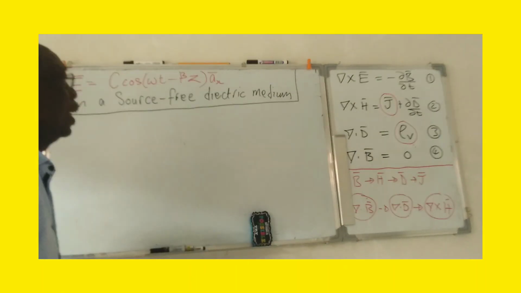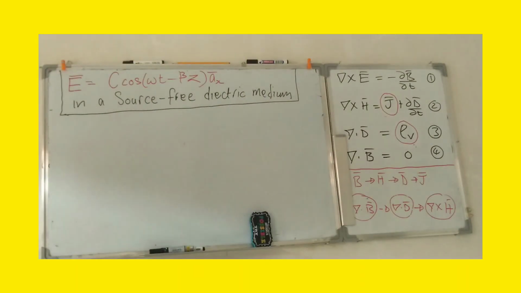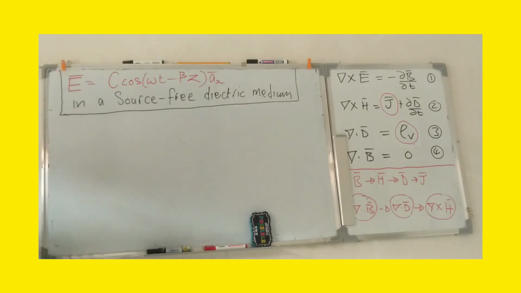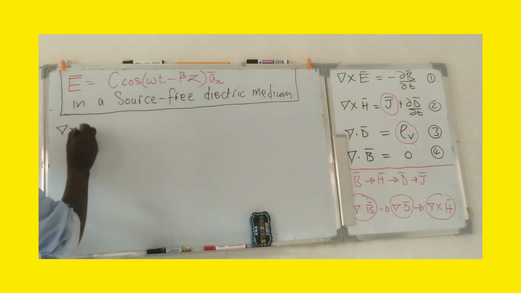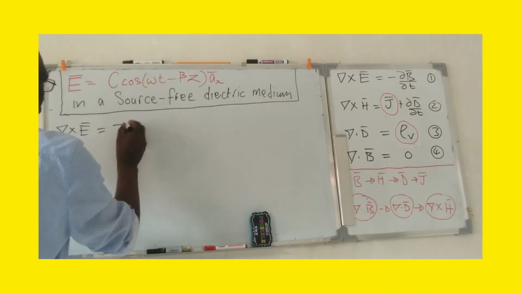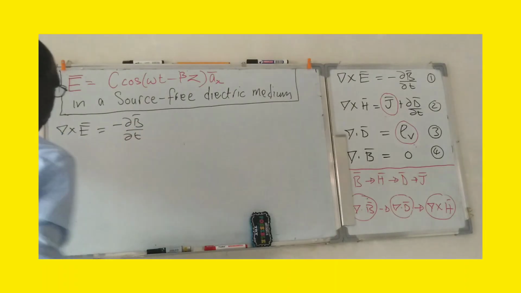So, let's use our first equation to find our B. It says here, curl E is equal to minus partial B, partial t.